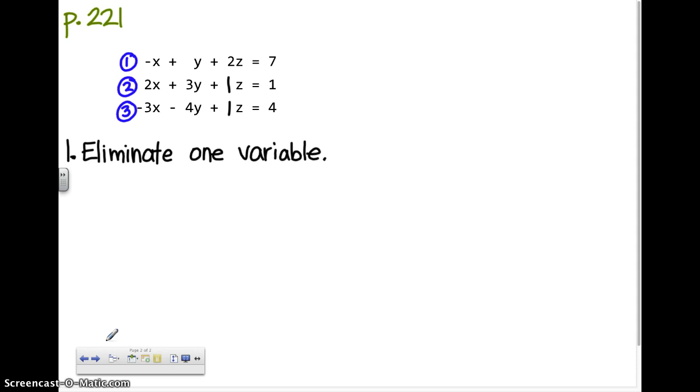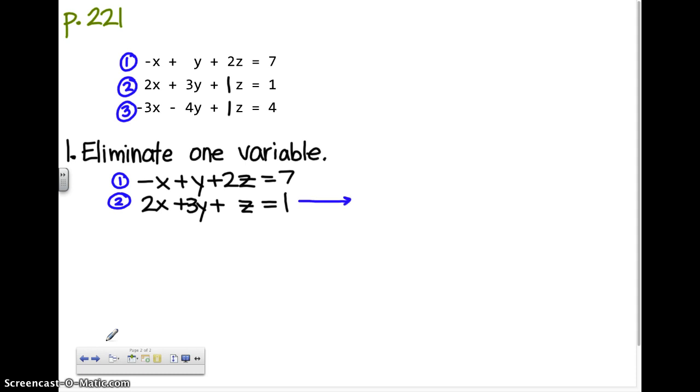To do this, I'm going to look at equation 1 and equation 2. Okay, equation 1 is negative x plus y plus 2z equals 7. Equation 2 is 2x plus 3y plus z equals 1. Now, I said I want to eliminate z. So I'm going to multiply this bottom equation by negative 2.